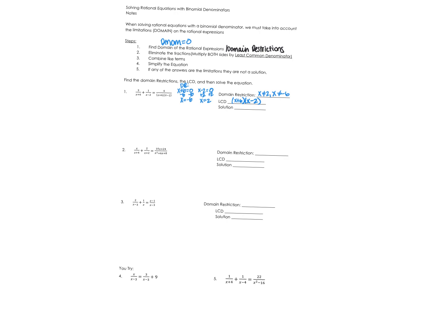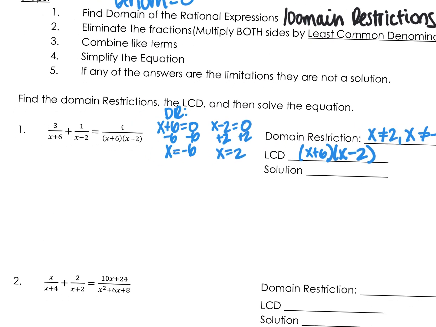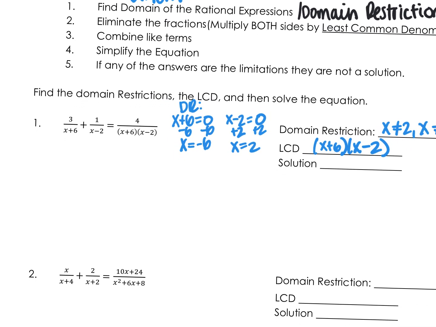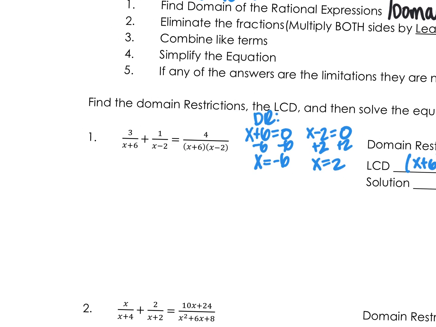And once we find the LCD, what do we do with it? Anyone remember what we do with that LCD? Yeah, we multiply everything over here by that LCD, right? So let's multiply everything over here by that LCD.